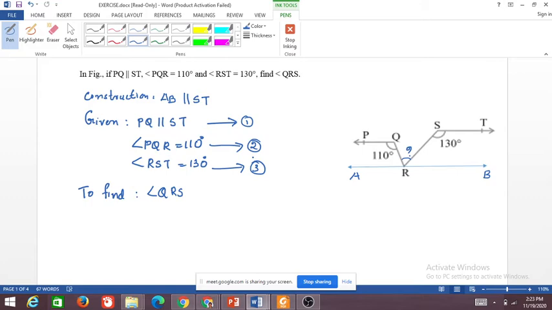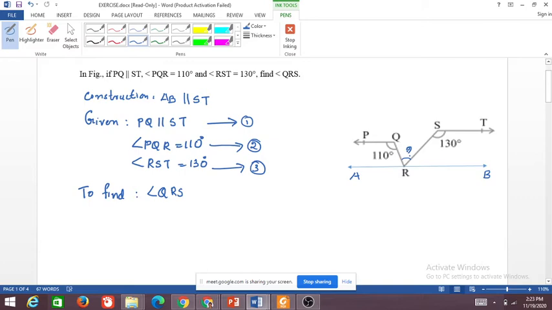So since most of you have got some answers, let's see how you got. Now, we knew that PQ is parallel to ST, and we did a construction. So we made a line AB which is parallel to ST. Now Harika, I was asking you how did you know that these angles were corresponding or alternate interior angles or interior angles on the same side of the transversal.